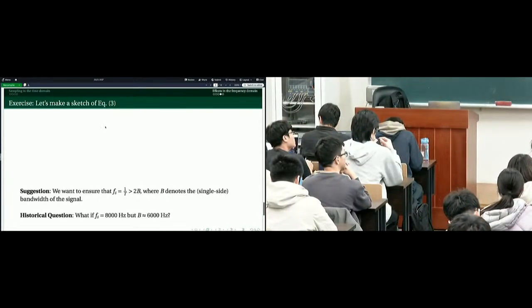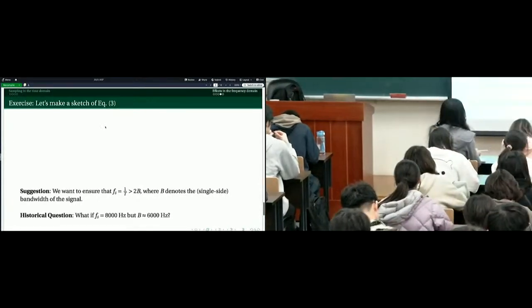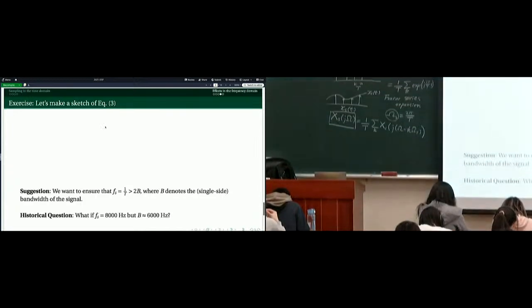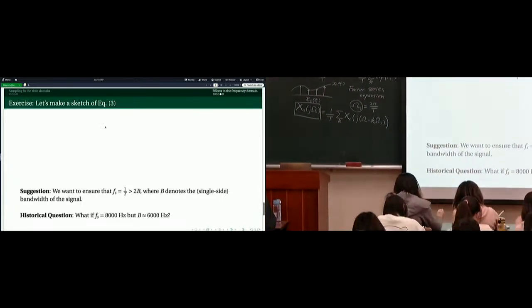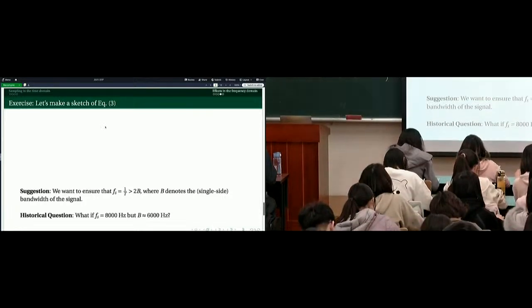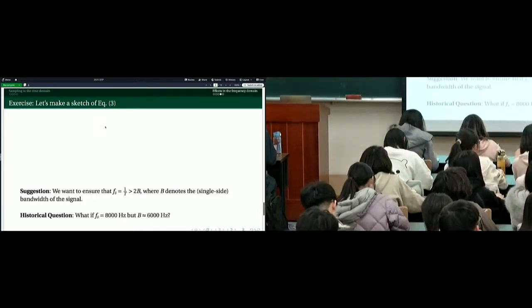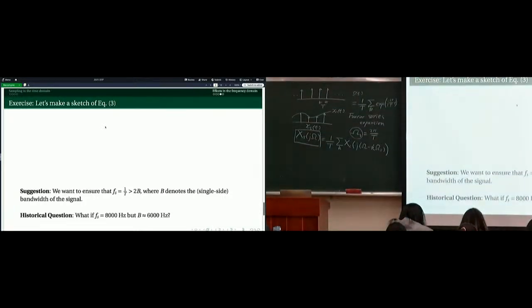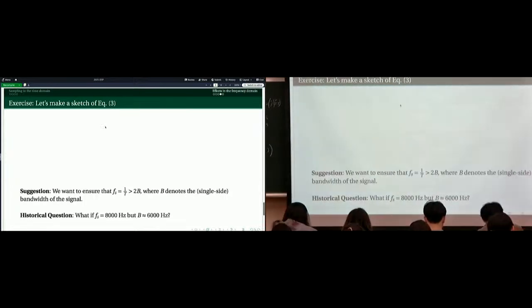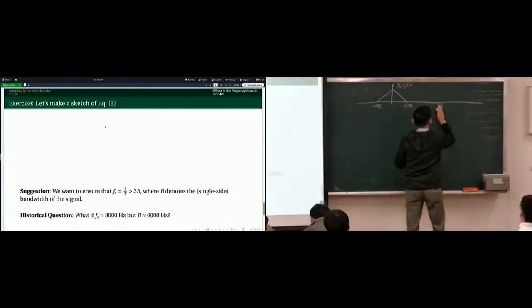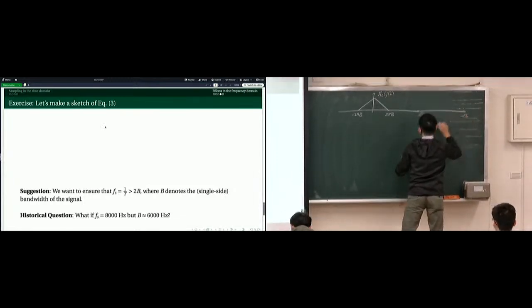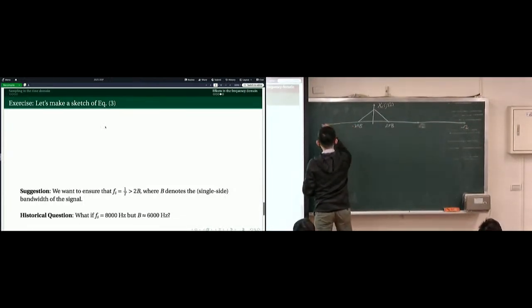So far, so good. And after sampling, because of that summation, we need to move this spectrum to the right and to the left. By how much? By 2 pi divided by T, and multiples of that. Right. Let me just extend this really long line, which extends to infinity on both sides.